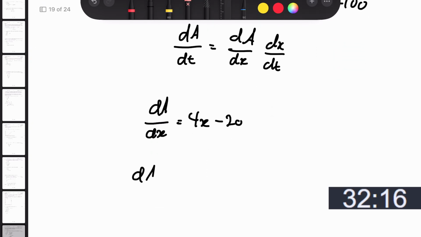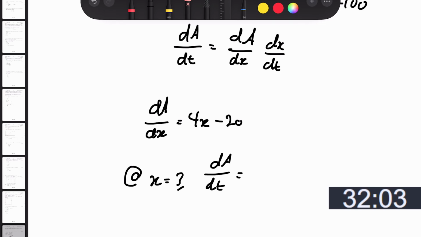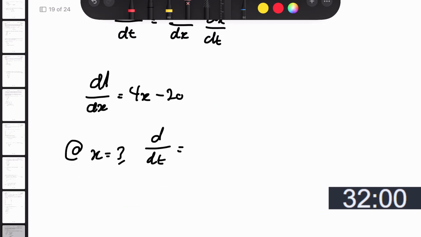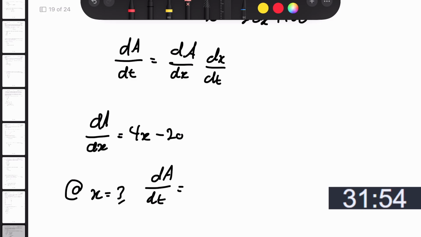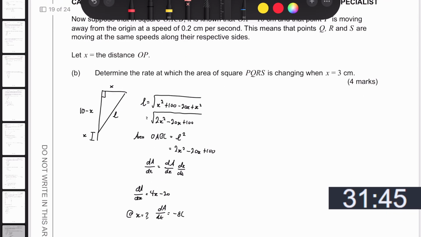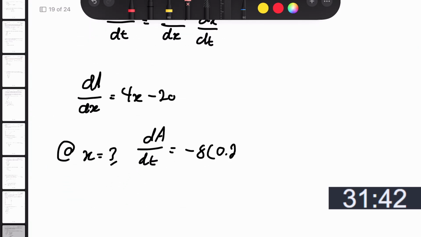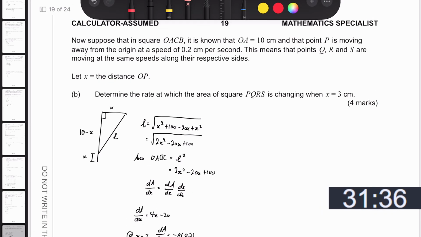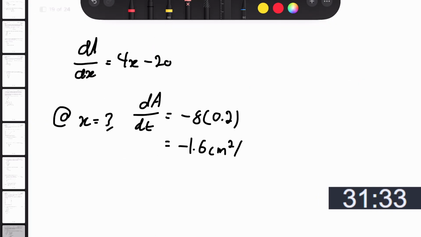So dA/dt at x equal to 3 is 12 minus 20, negative 8, times 0.2. This would be negative 1.6 centimeters squared per second.